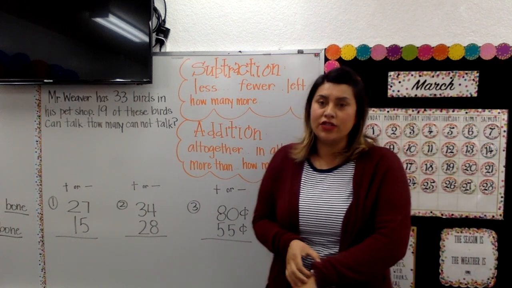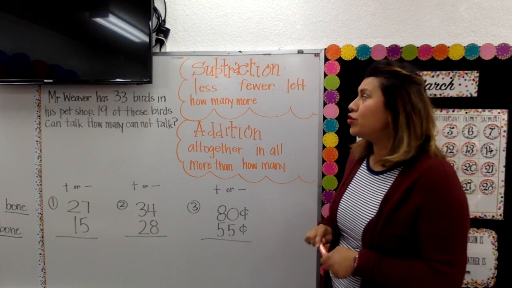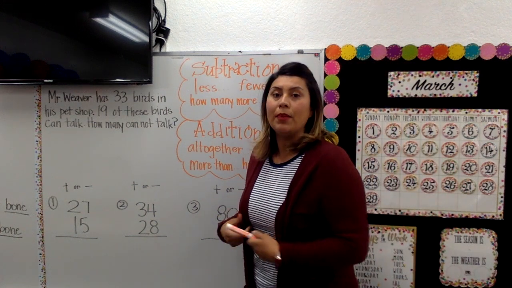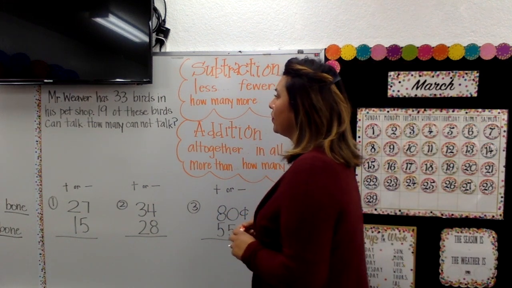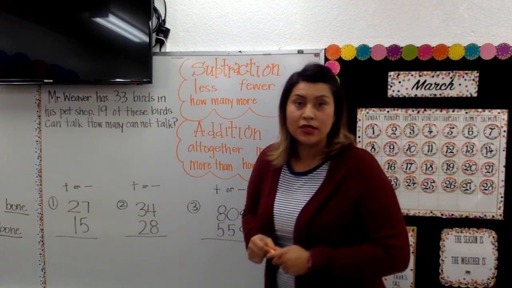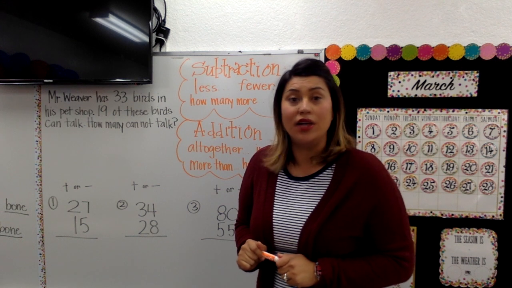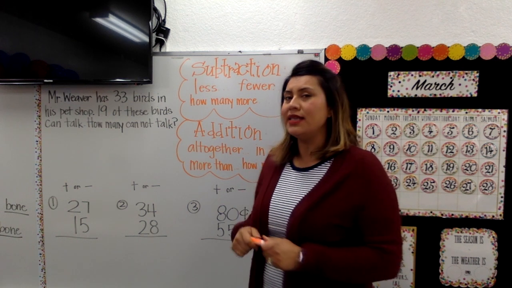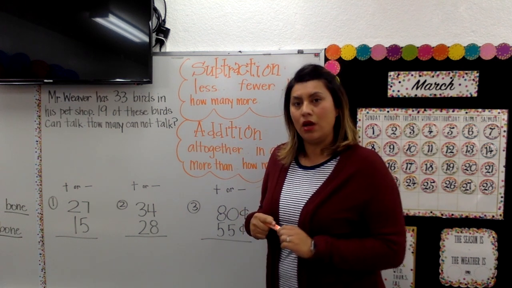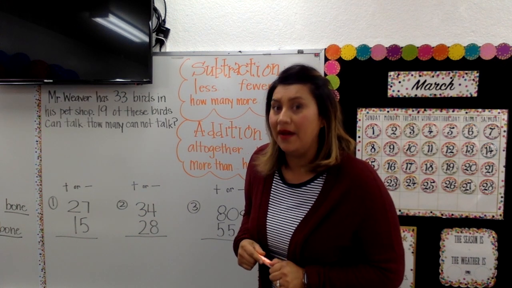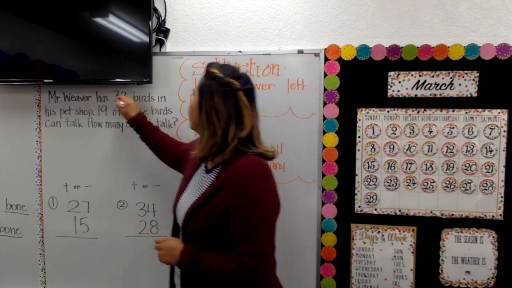Okay, friends, let's go ahead and start reading the first one. Mr. Weaver has 33 birds in his pet shop. 19 of those birds can talk. The question is, how many cannot talk? Well, do you guys see any important information there? Oh, what was that, Lydia? Circle it. Very good.